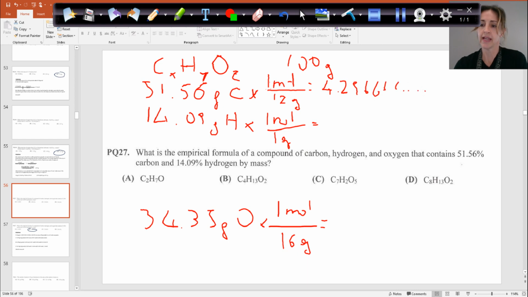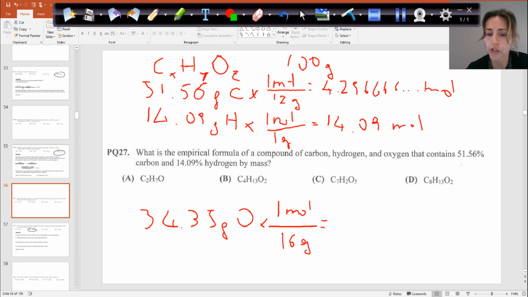4.296666. And in this kind of calculation, you sort of forget about significant figures. You want to keep lots of digits because the ratio is what matters. So we're going to round to a whole number at the very end. And then in here, we don't really need to do much because it's just divided by 1. So this remains, and this is moles, right? And this remains 14.09 moles.